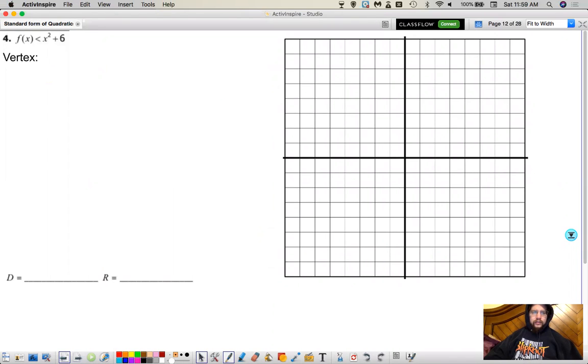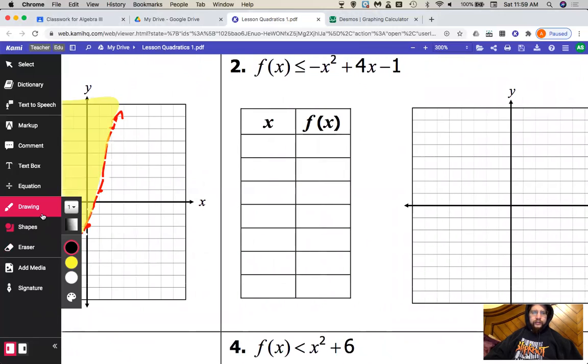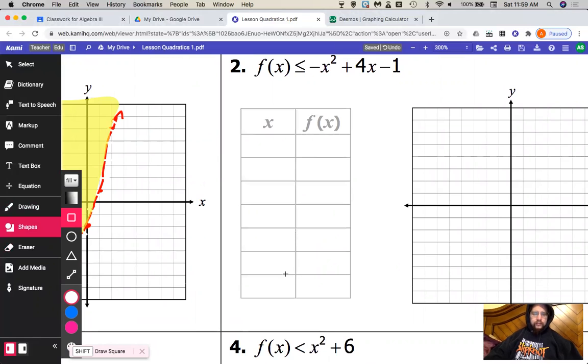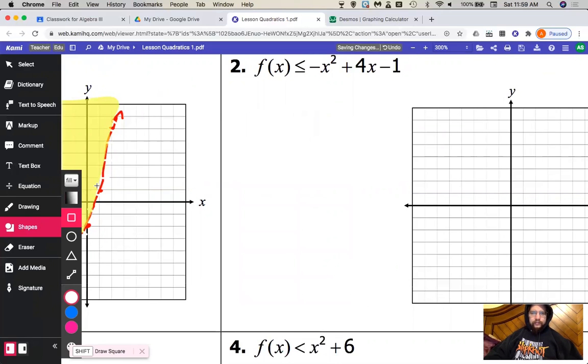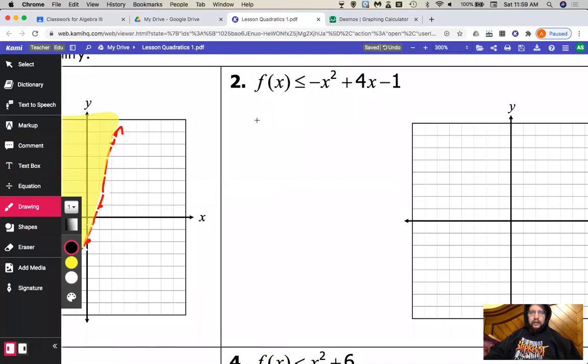Okay, so we're going to do 2 and 4. I'll do it over here for you. And I'm going to remember to hide these things. All right, first thing, find your vertex.